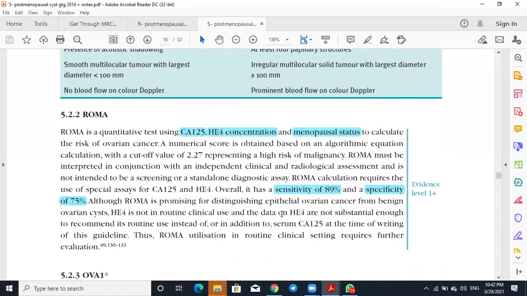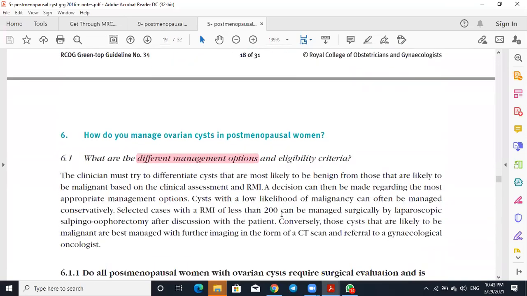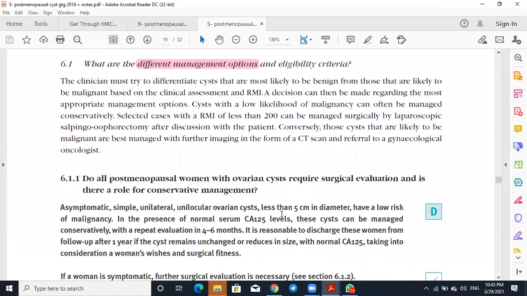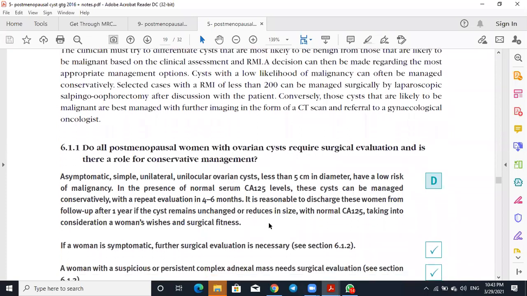What are you searching for, Dr. Amira? We are searching for the management options. Look here: an asymptomatic, simple, unilateral, unilocular ovarian cyst less than 5 centimeters in diameter has low risk of malignancy. In the presence of normal serum CA 125, these cysts can be managed conservatively with repeated evaluation in 4 to 6 months.